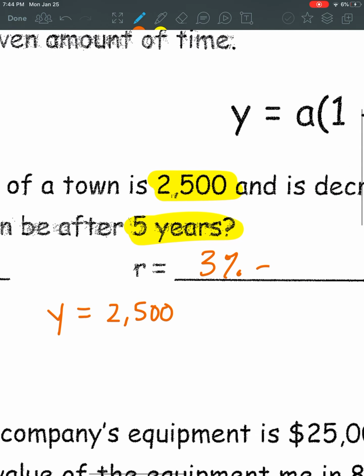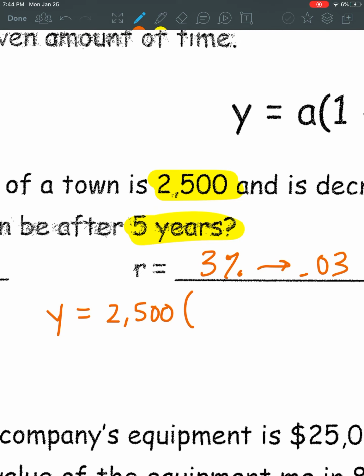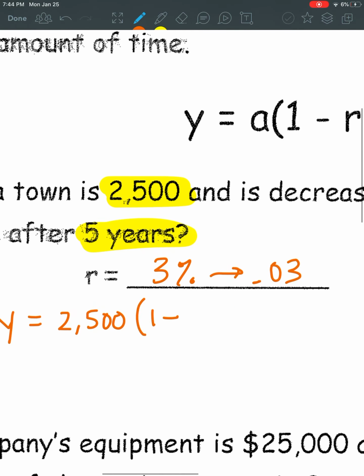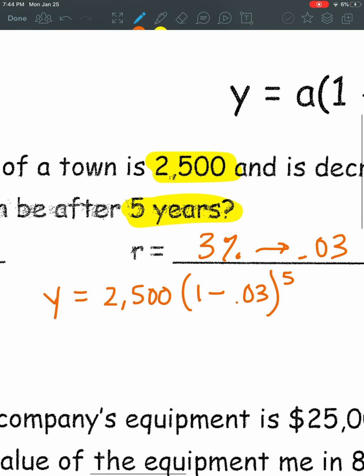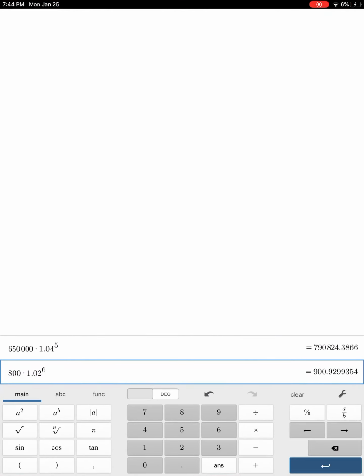So again, plug everything into your formula. 2,500. In parentheses, this time we are subtracting since it's decay. So 1 minus 0.03, all raised to the 5th power after 5 years. So 2,500, I'm going to subtract in here to get 0.97 raised to the 5th power.